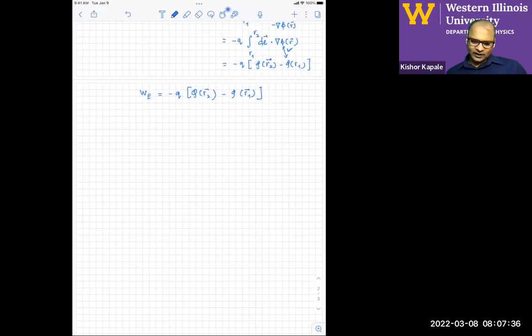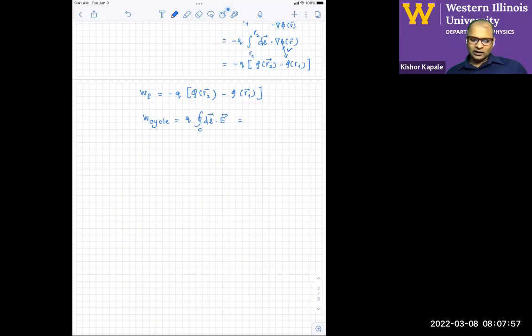And so if you have a closed contour, a cycle, you go from R1 to R2 along one path, return on another path. Then you have a closed contour, and you're going to get the integral of dl dotted with E. When you have a closed contour, you can use the Stokes theorem, right?